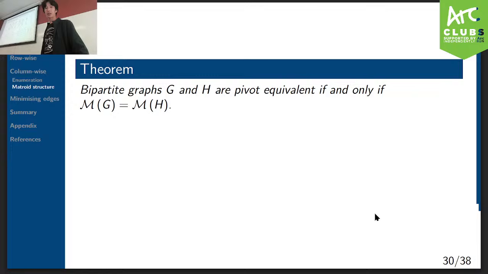Wait, does that mean you only have to look at the linearly independent columns? Yeah, the linear independence of the columns is enough to tell you whether graphs are pivot equivalent, which is really crazy. I guess there could be a lot of bases, like up to n choose k bases. But the structure given by the graphic presentation is so rich that there are so many things in there that tell you about pivot equivalence.